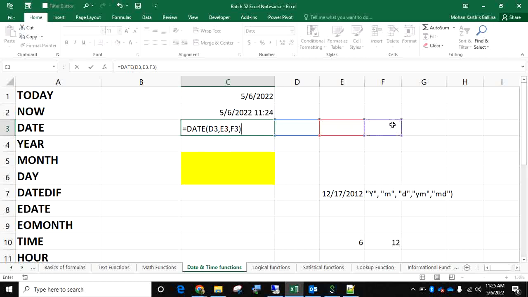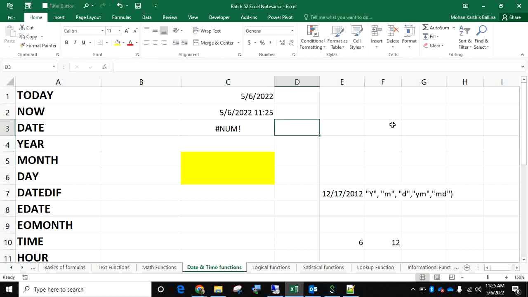For example, if you have day, month, year in 3 columns, you can create a date.